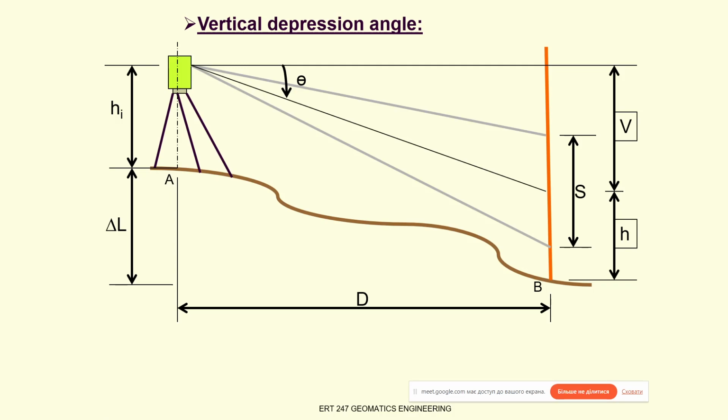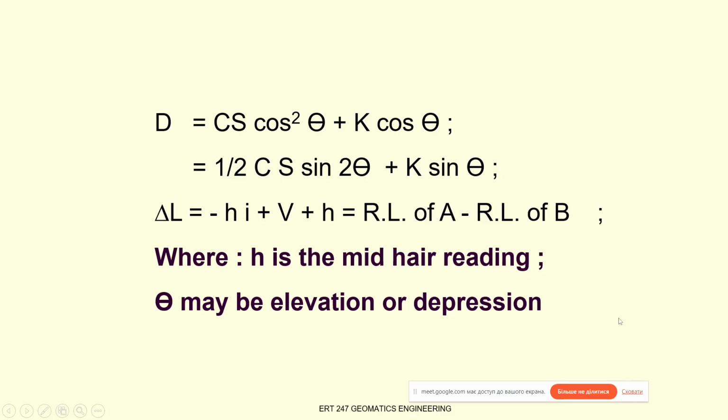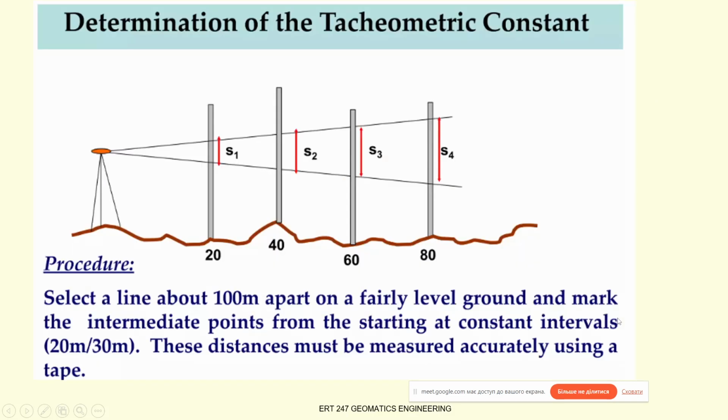Another case, vertical depression angle. In this case, the vertical distance shows us the depression between points A and B. Here is an example of non-movable hairs.